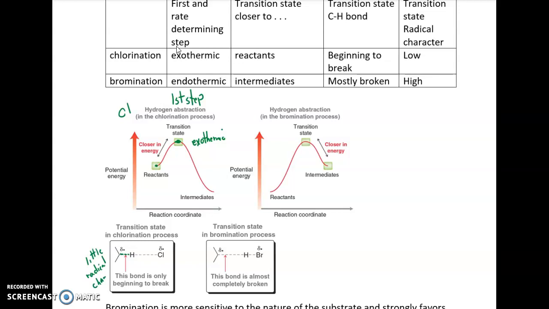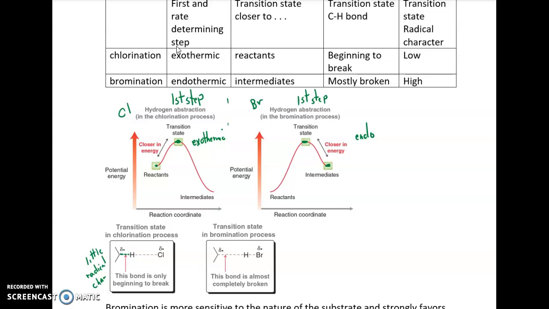Now let's look at what happens with bromination. So this is the bromination side, and it's also the first step. We're looking at the same hydrogen abstraction. Because this is an endothermic process, the transition state here is closer to looking like the intermediate.